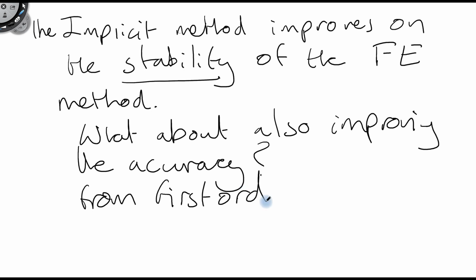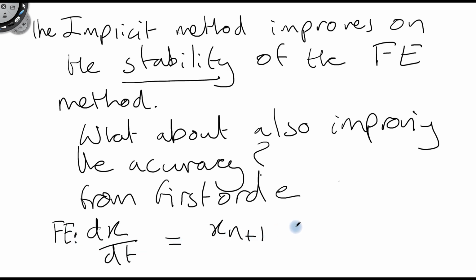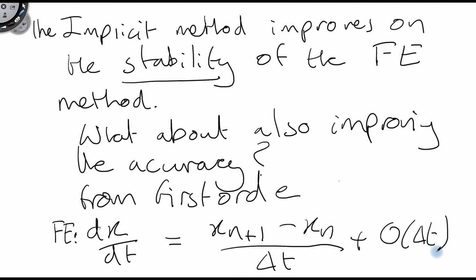Remember the right hand side approximation for forward Euler: dx by dt is (x_{n+1} minus x_n) over delta t plus order delta t, and that order is your first order accuracy. How can we improve on that?